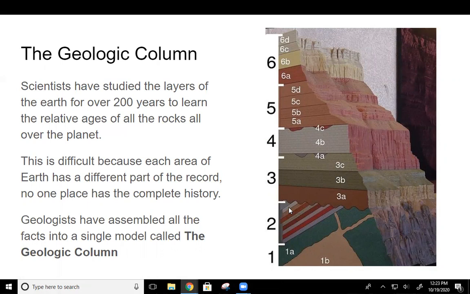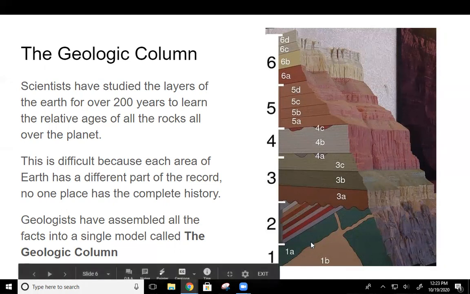Yeah. So we have these layers that are all nice and horizontal, right? They just run side to side. 4A is kind of interesting because it's like filled in riverbeds. But you have all these layers that are nice and horizontal. They just run straight across. 2 and 1 are different.